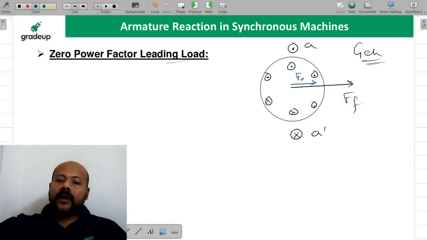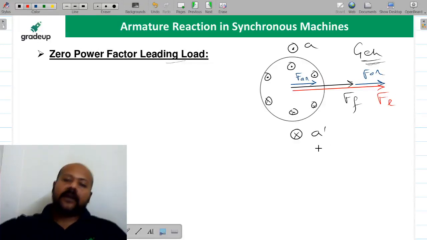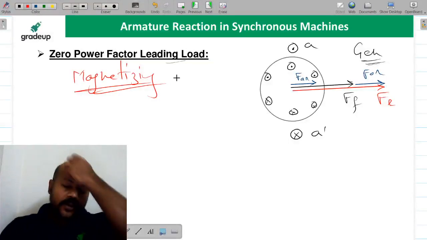This is going to be your FAR. So if you want to know the resultant MMF, you have to add them both because they are in phase. This we are calling as FAR and this is going to be your resultant MMF, FR. Is it clear to all of you? Now you can see it is going to be magnetizing. Yes or no? It is going to be magnetizing.